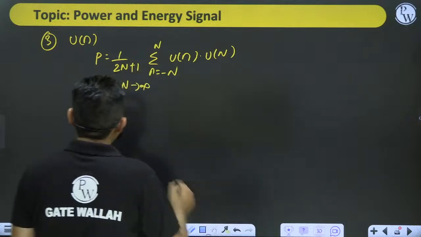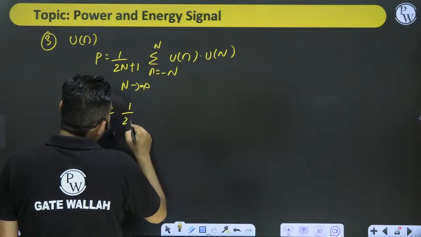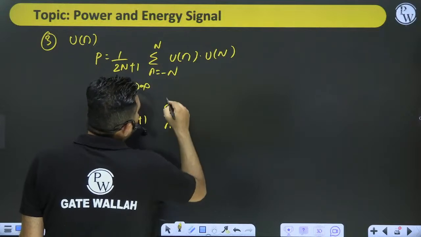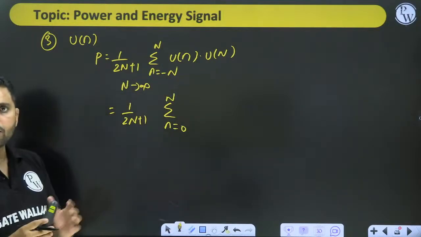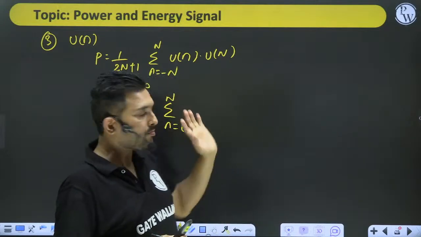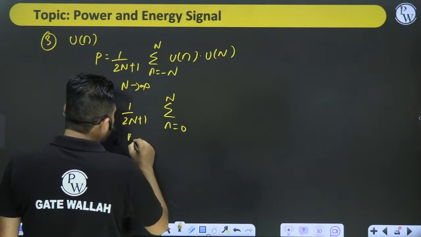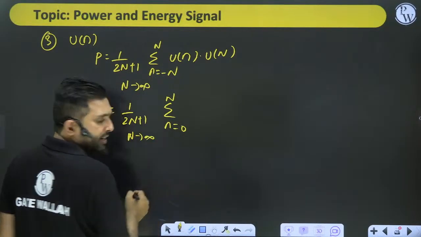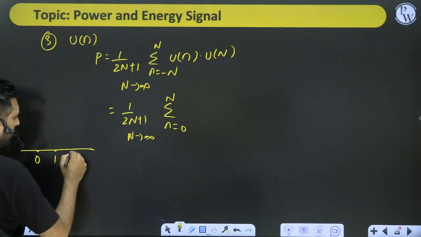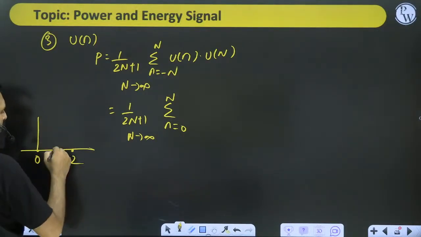What you will get? You will get 1 upon 2n plus 1, summation n equals 0 to n. Why? Because the step function starts from 0. Just now we have covered. This is n tending towards infinity. And suppose if you add, let's say I am adding 0 to 1 to 2, 1, 1, 1, 1, 1.